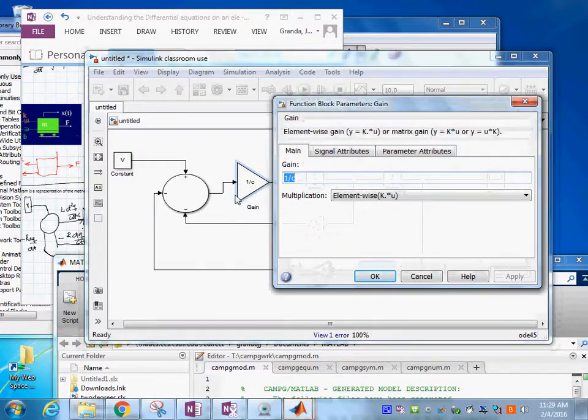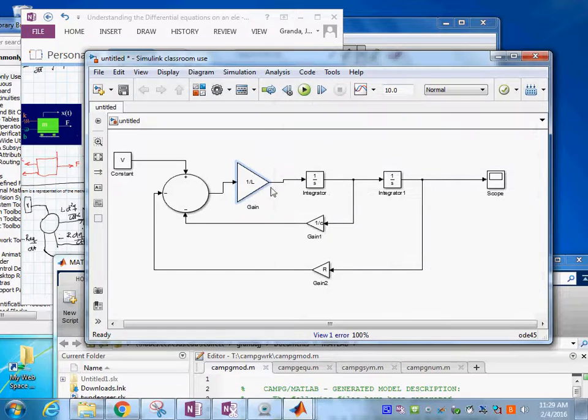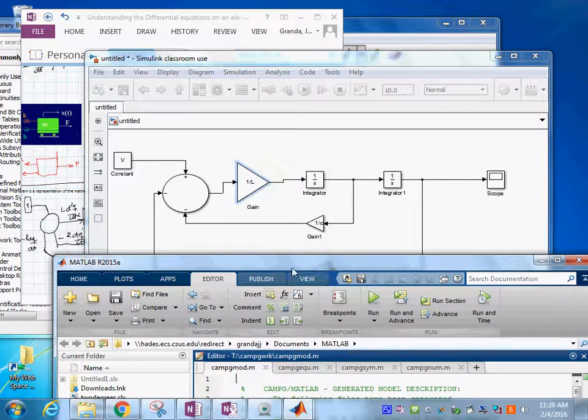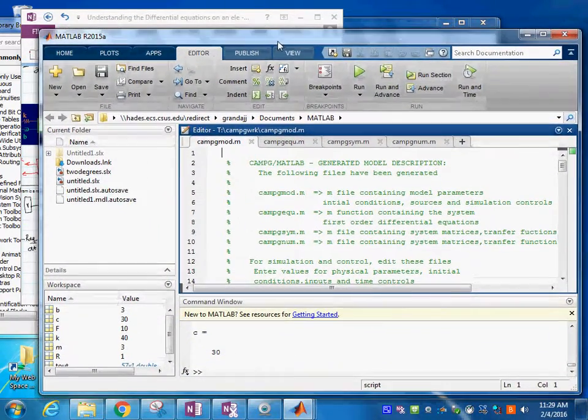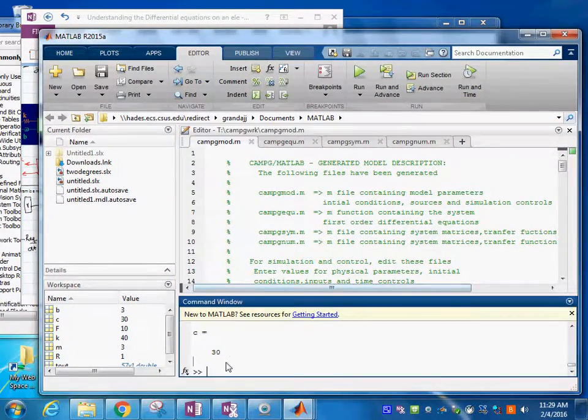This is not C. This is L. So V is equal to 10.